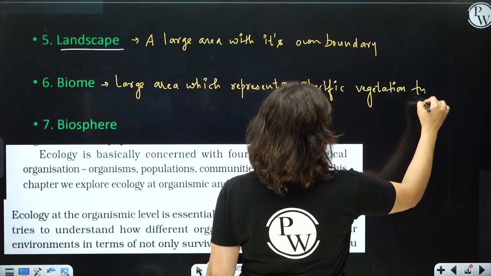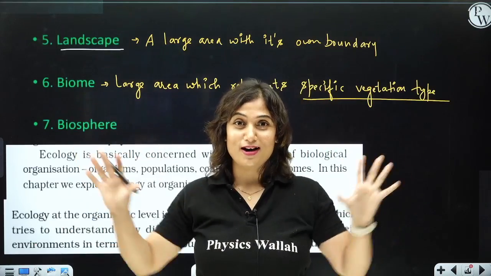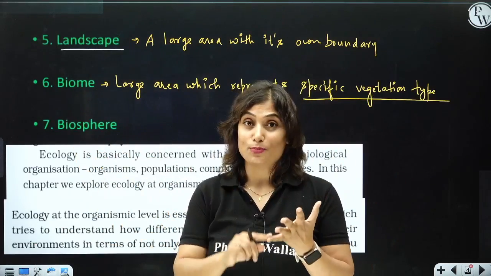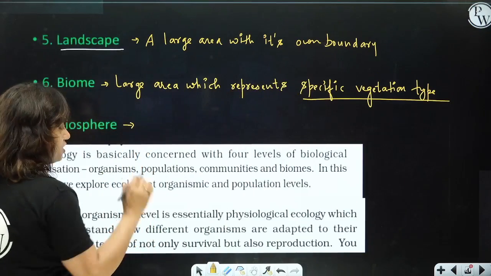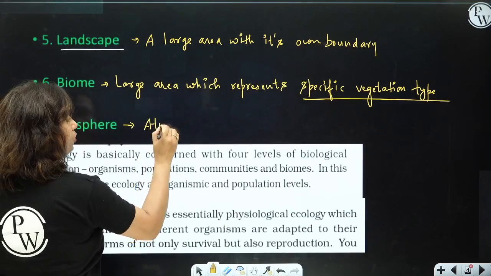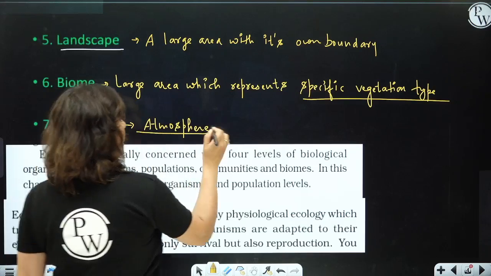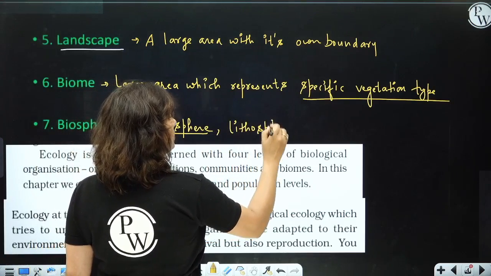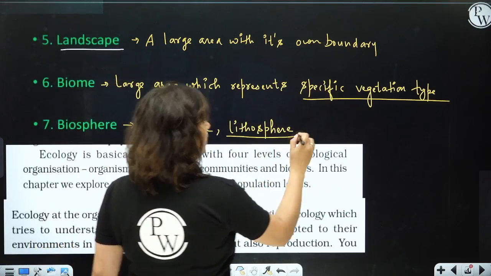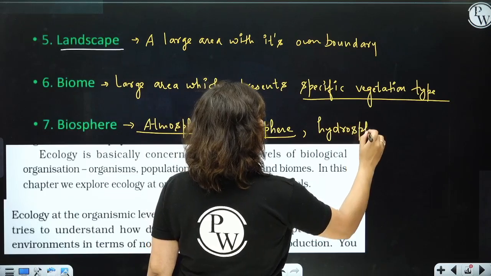And then comes the biosphere. The biosphere is the whole earth, which contains the atmosphere, hydrosphere and lithosphere. It is the largest unit, containing the atmosphere, that means the life within the air, the lithosphere, that is the terrestrial habitat, and the hydrosphere, that is the aquatic habitat.